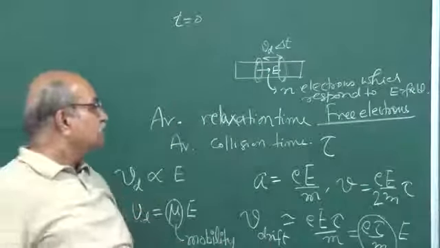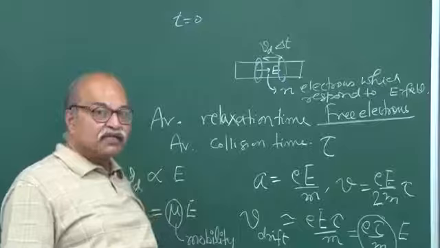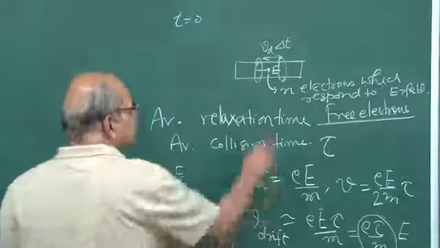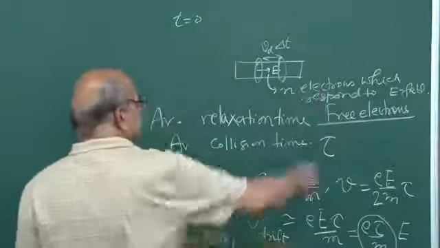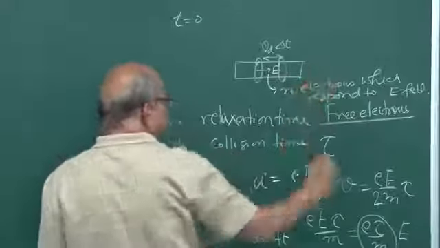You have all that Pauli exclusion principle, but if these are the electrons which respond to the electric field, these are the electrons which you should call free electrons.